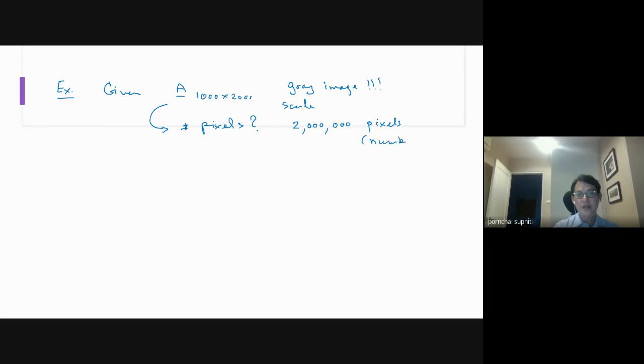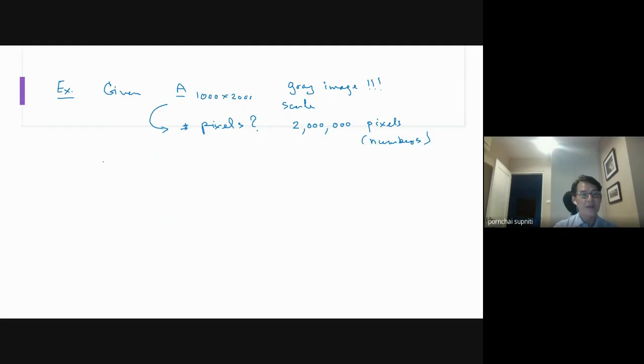Each pixel has one number, maybe from 0 to 255, and so on. I'm saying that one pixel is just one number that we need to store. So if we store the whole image, we need to store 2 million numbers.